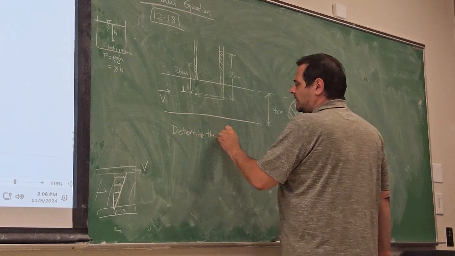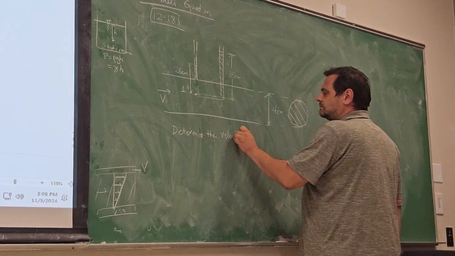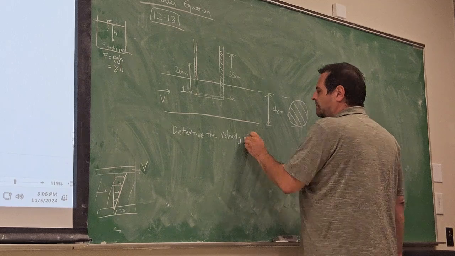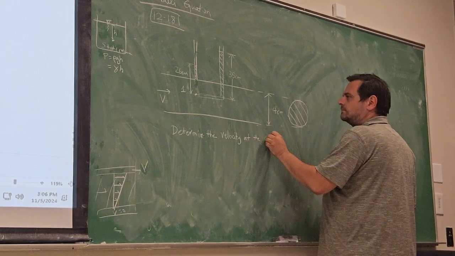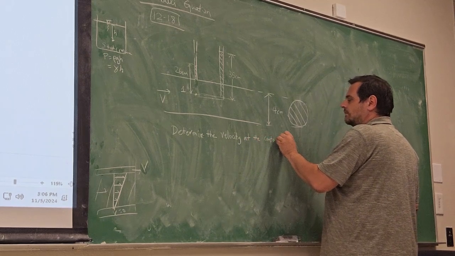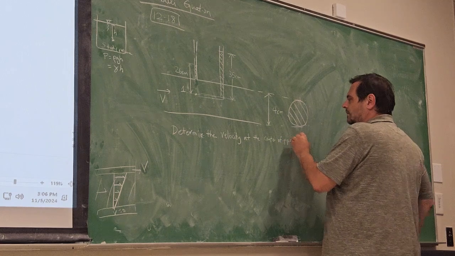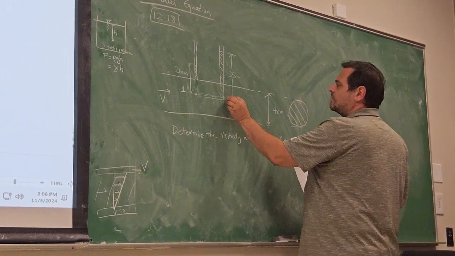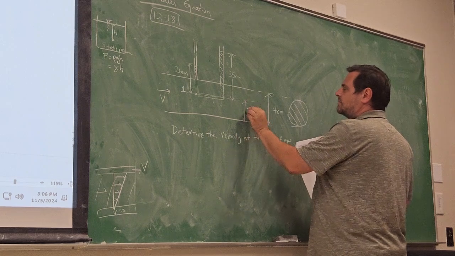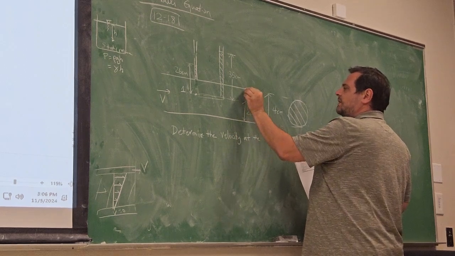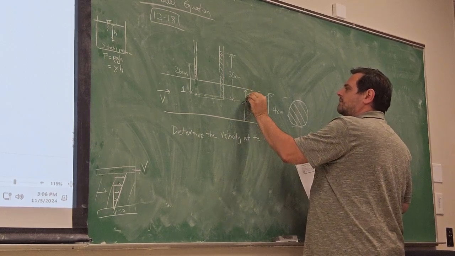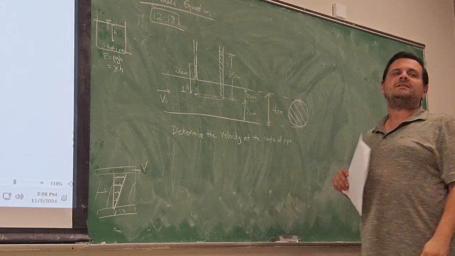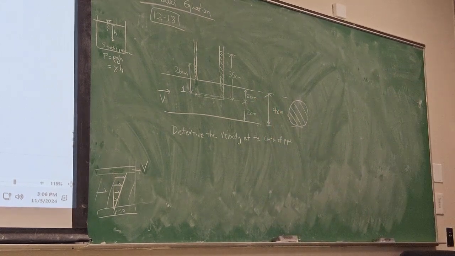Determine the velocity at the center of the pipe. Just to highlight, that means this thing is 2 centimeters. Just to make it clear that the measuring devices, especially the pitot tube, are located at 2 centimeters.